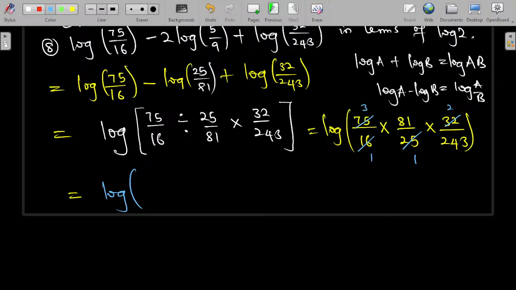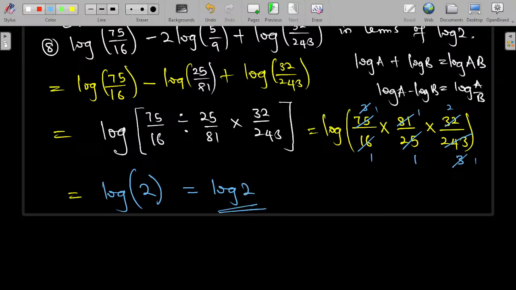And 81 can go into 243 to give us 3. I want you to be checking all this. Finally, 3 can go into 3, and both of them will give us 1. So you can see everything there has cancelled out except 2. So your answer is equal to the log of 2, and that is the solution to this problem.